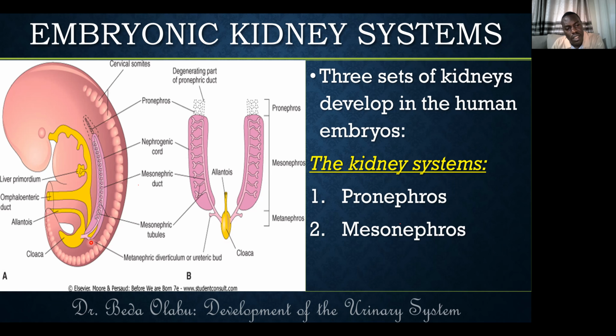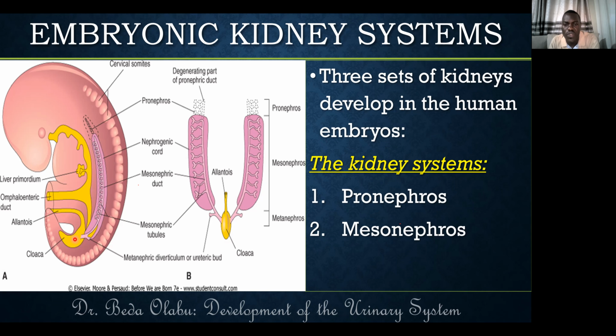The cloaca is a common chamber for the allantois as well as the gut. The gut, remember, is the lumen of the yolk sac. And then the allantois is that one. So this is the cloaca. The mesonephric duct empties its urine into the cloaca.